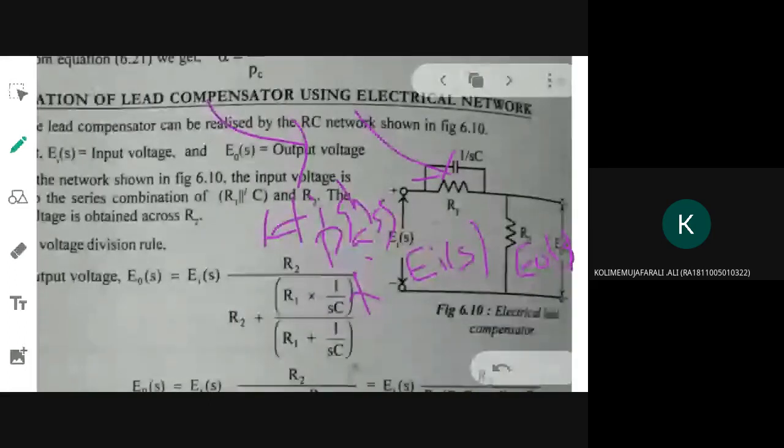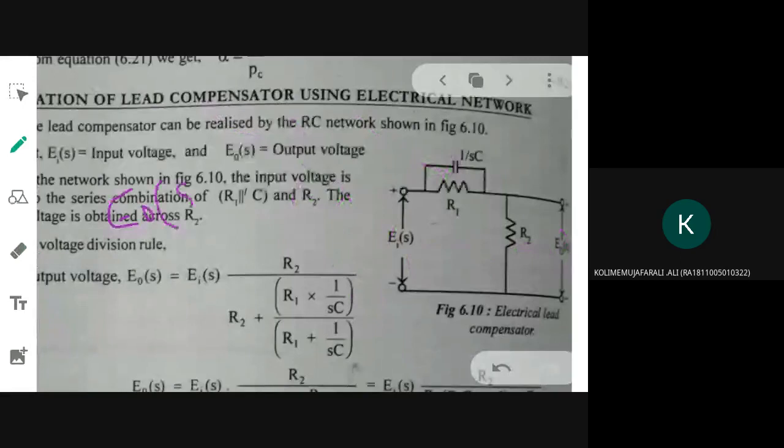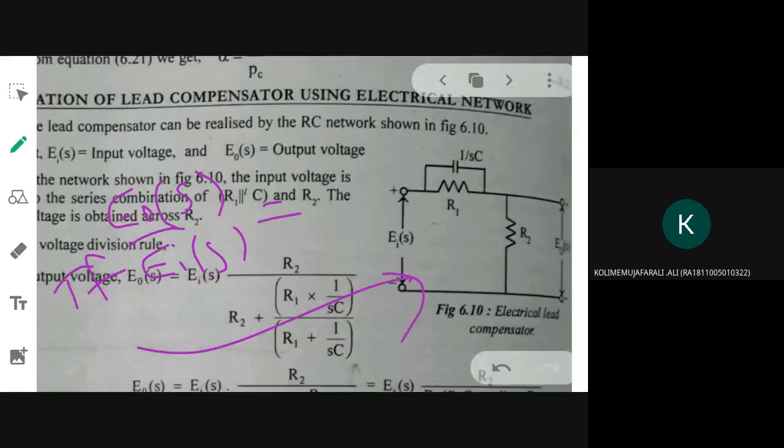So what will be the expression, the ratio or transfer function E naught of S divided by Ei of S, is what I want. That is the transfer function representation for this electrical equivalent. So by voltage division, E naught of S is the voltage across what element? R2.